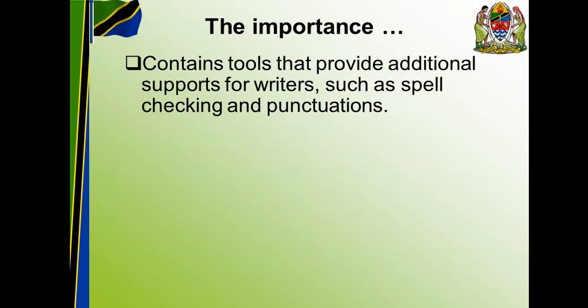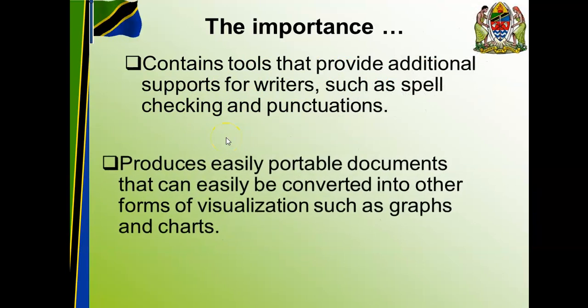Also content rules that provide additional support for writers such as spell checking and punctuation. So also Excel or spreadsheet contains tools that provide additional support. So when you write, there is support you can gain in a spreadsheet. For example, you can correct the spelling or punctuation.